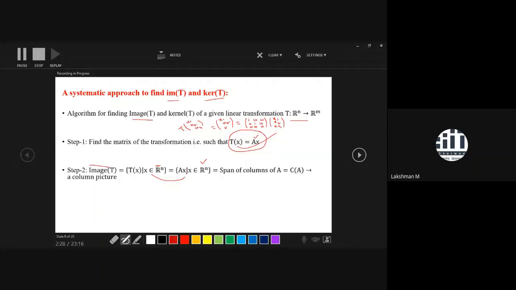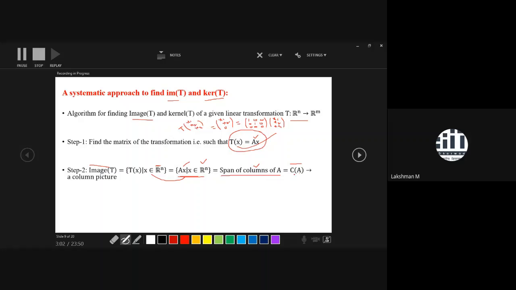So what is it talking about? If you want to see it as a column picture of this representation, this set is talking about linear combinations of the columns of A. All possible linear combinations of the columns of A, we call the span of the columns of A. The notation for the image is C of A, where C stands for column space.